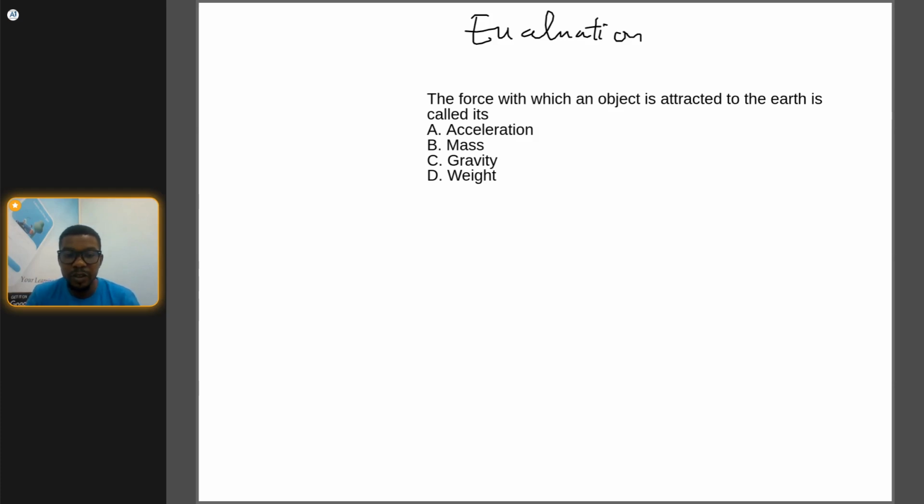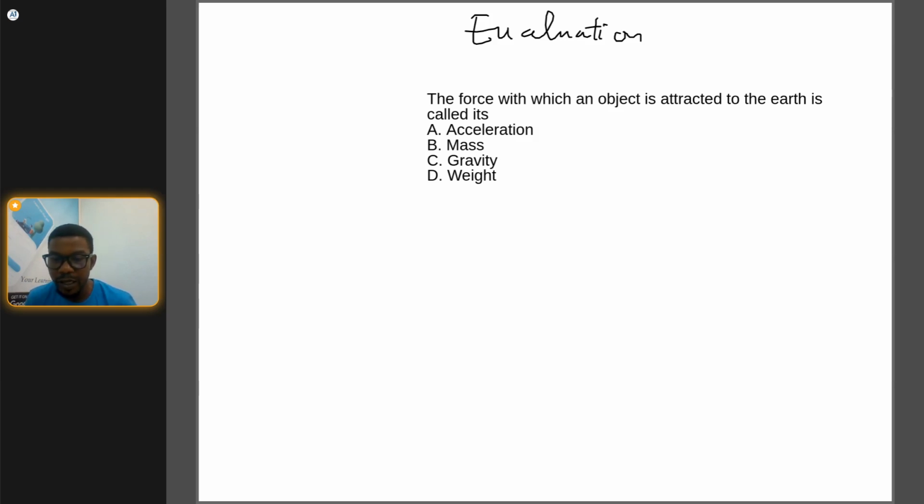So I believe we can see the question. The force with which an object is attracted to the earth is called dash. So in the chat box, I need your response.